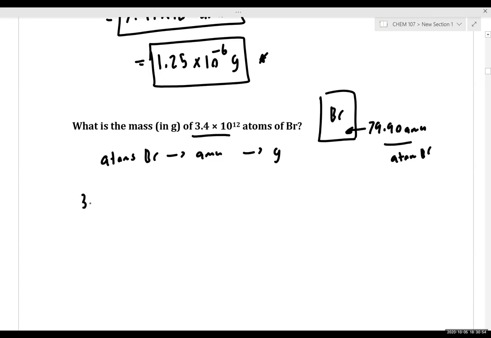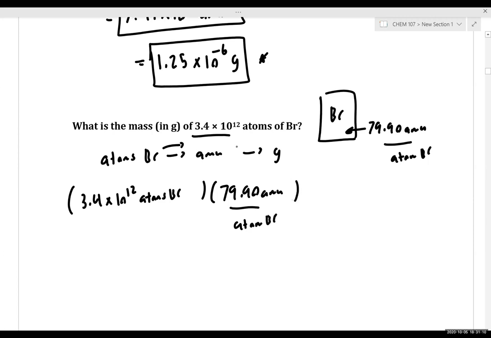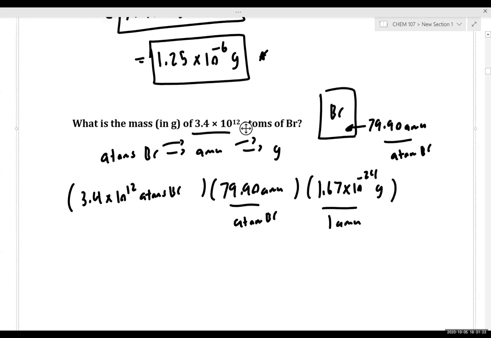Okay. So we're going to start off with our atoms of bromine. And then to go from atoms of bromine to AMU, we multiply by our atomic mass. And then to go from AMU to gram, we use our conversion factor of the form gram per AMU.